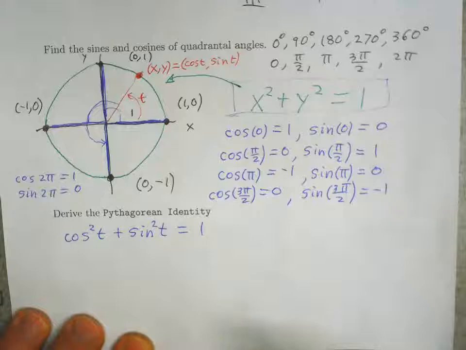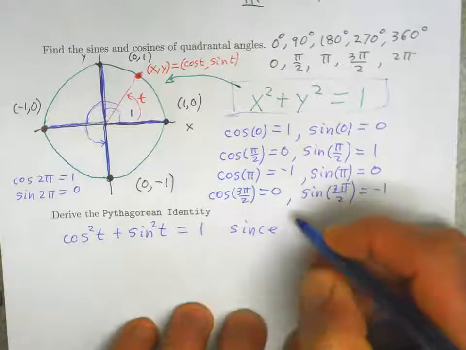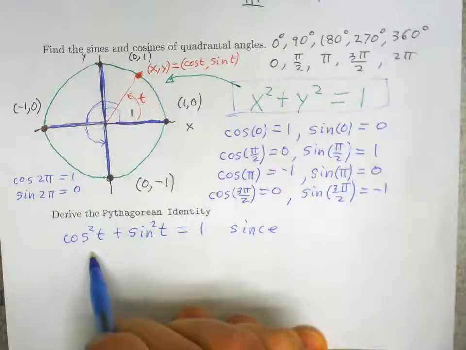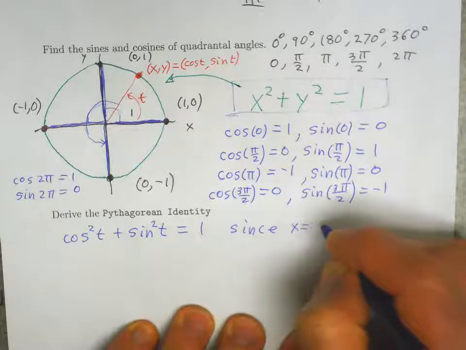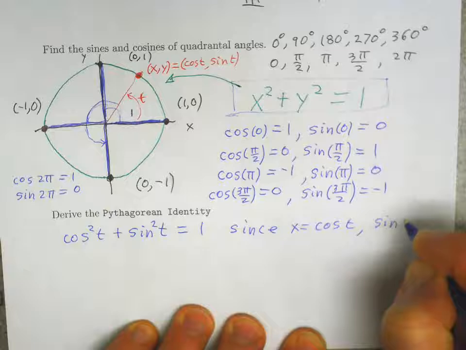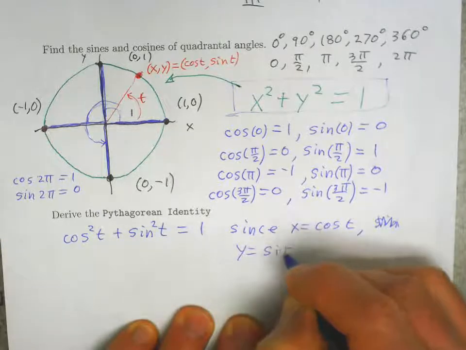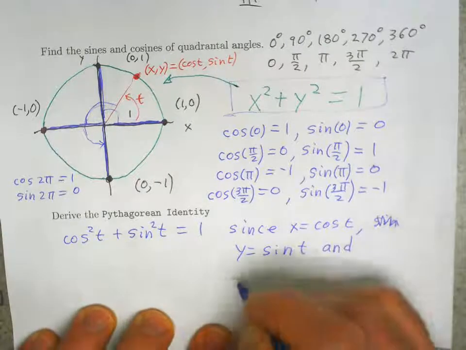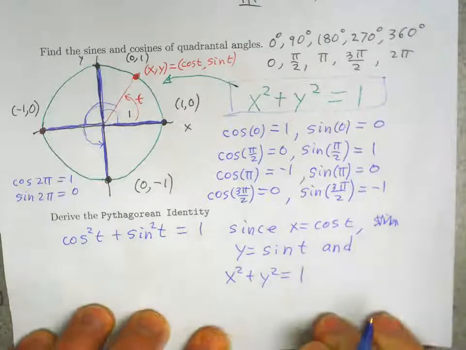So just to reiterate, cosine squared t plus sine squared t equals 1, since x equals cosine of t, y equals sine of t, and for the unit circle, x squared plus y squared equals 1.